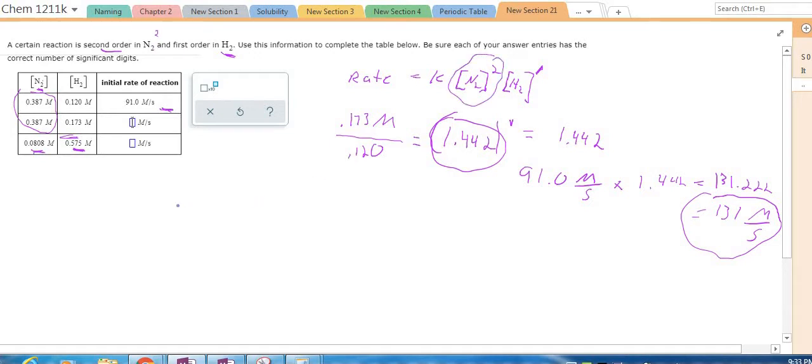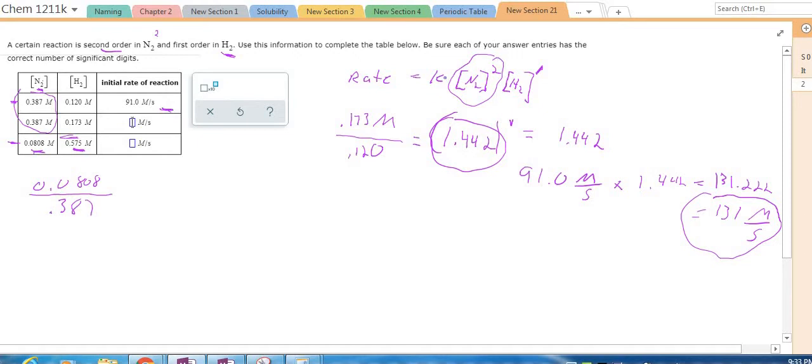So we're going to have to account for both of these. Let's take the magnitude of the change here. That's going to be 0.0808, so that concentration goes way down, divided by 0.387.